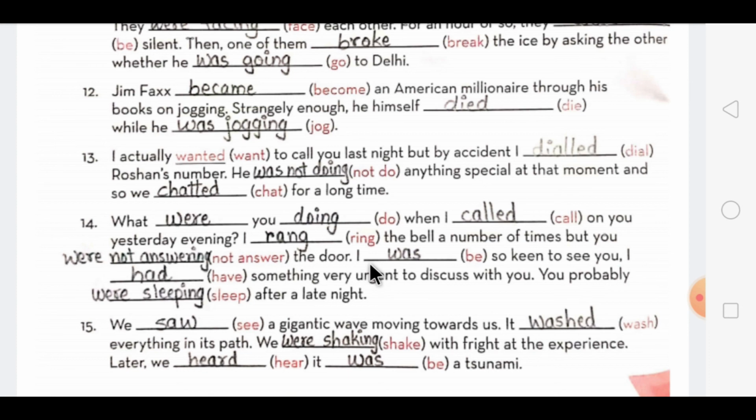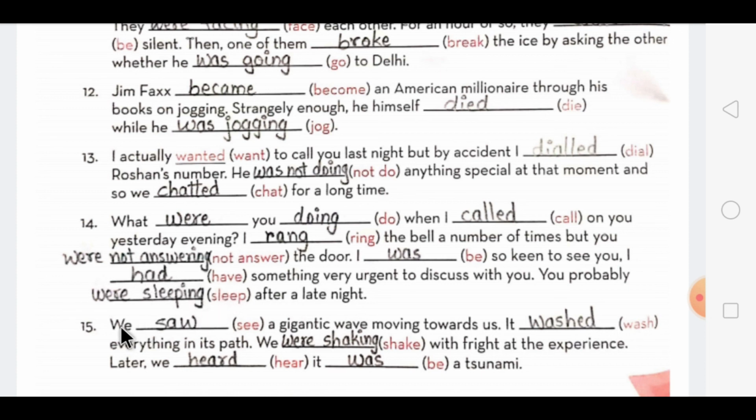Again the be verb you have to use. I was so keen to see you. I had, the past tense of have will be had, something very urgent to discuss with you. So probably you were sleeping after a late time. Again this was happening for a long period, so we used past continuous tense.